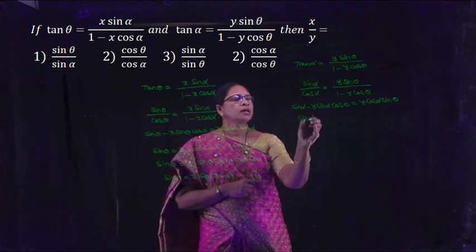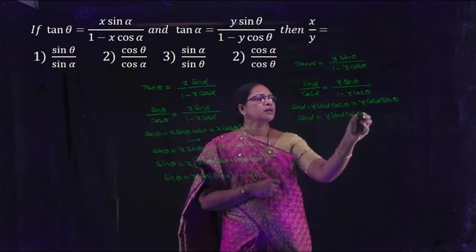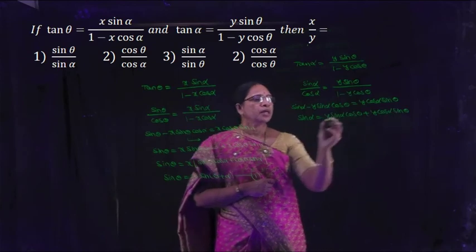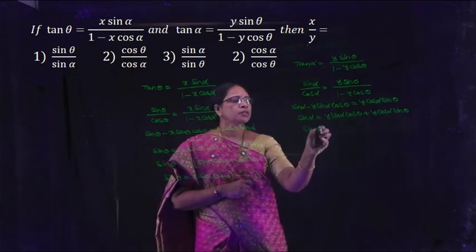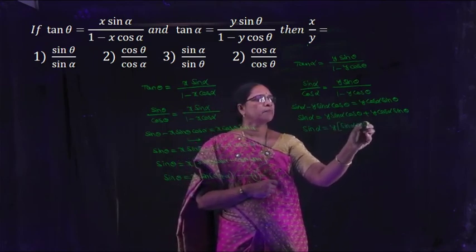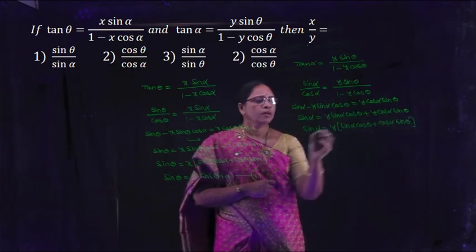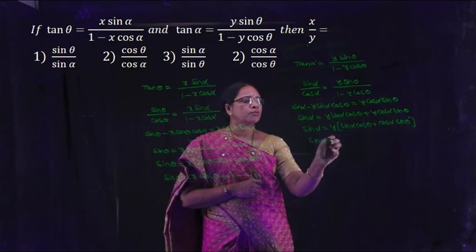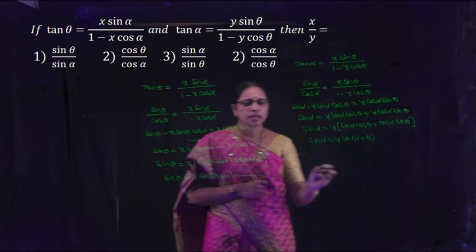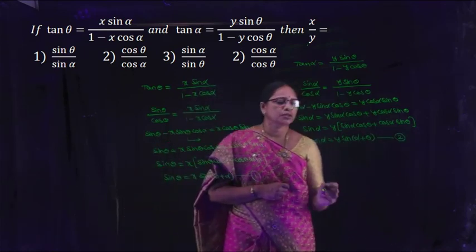Here sin alpha is equal to y sin alpha cos theta plus y cos alpha sin theta. Taking y as common from these two terms, we get y into (sin alpha cos theta plus cos alpha sin theta). Sin alpha is equal to y into sin(alpha plus theta). Treat the earlier one as equation 1, and this as equation 2.